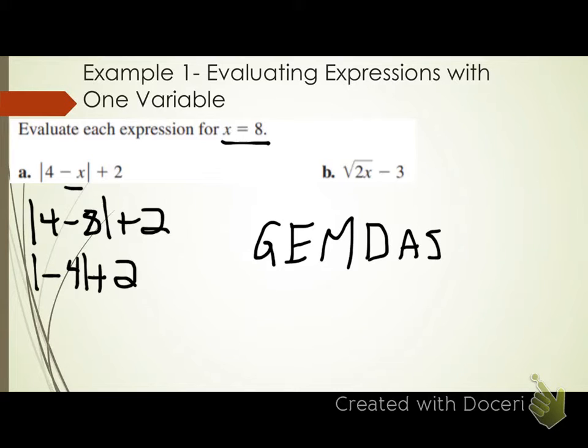Can anyone tell me what absolute value means and how I handle absolute value? What would the absolute value of negative 4 be? Positive 4? Yeah. Why is it positive 4 and not just negative 4?